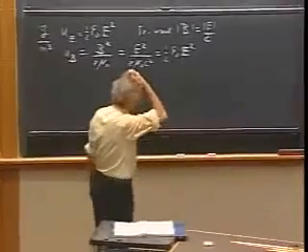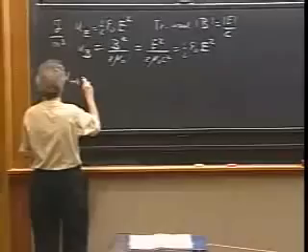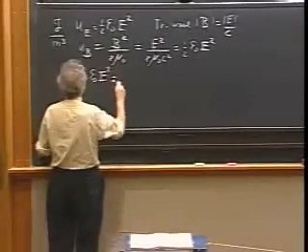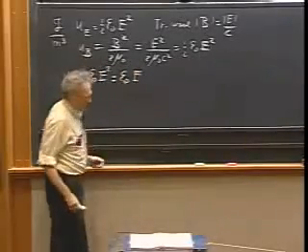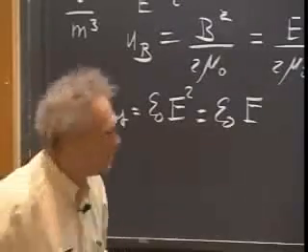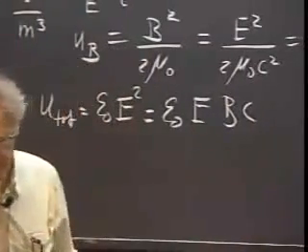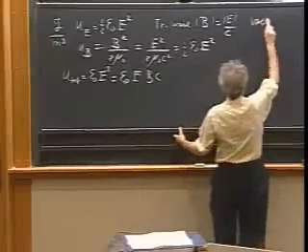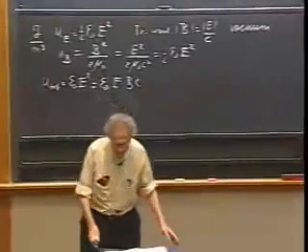And so the total energy density is the sum of the two, is epsilon 0 times E squared, but you can also write that as epsilon 0 times E times B c, if you prefer that. This, of course, is only true in vacuum, when the speed of propagation is c.